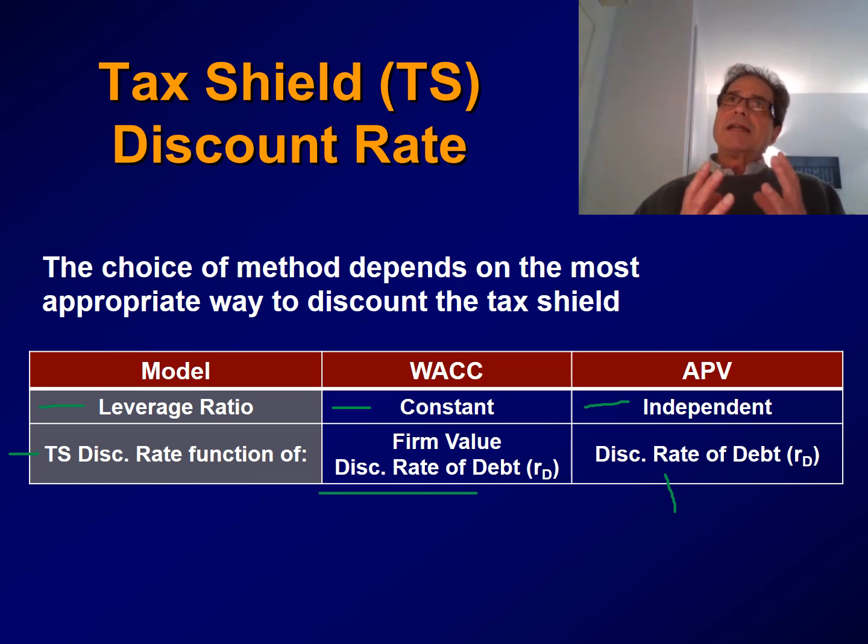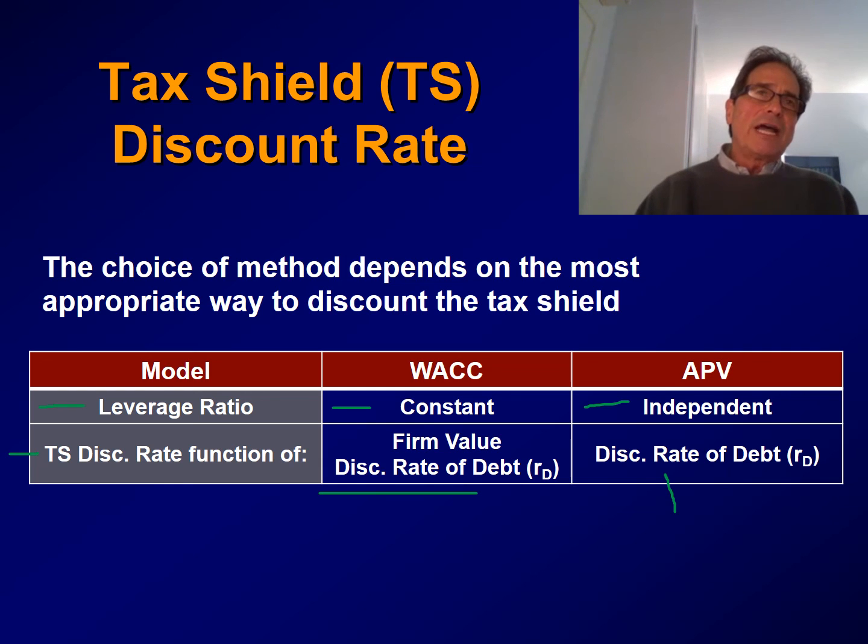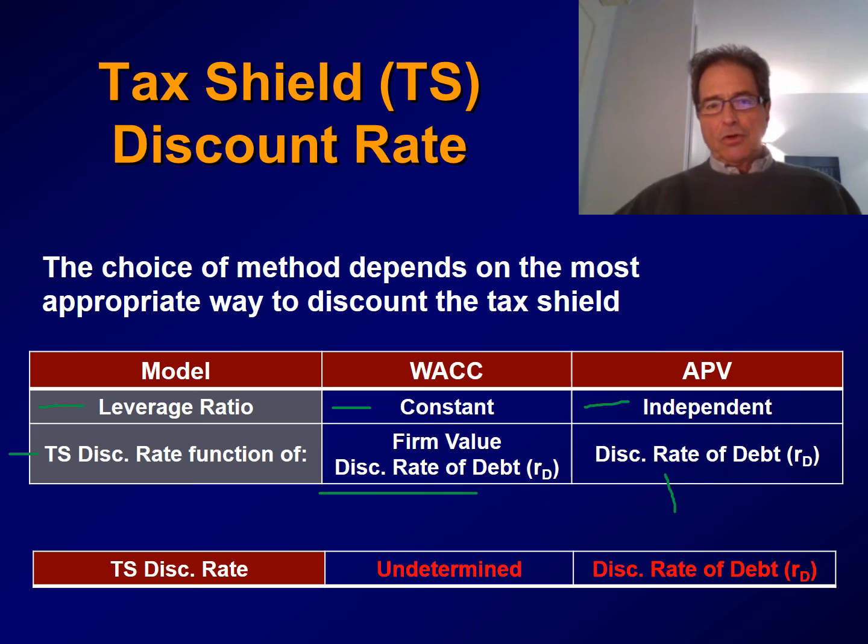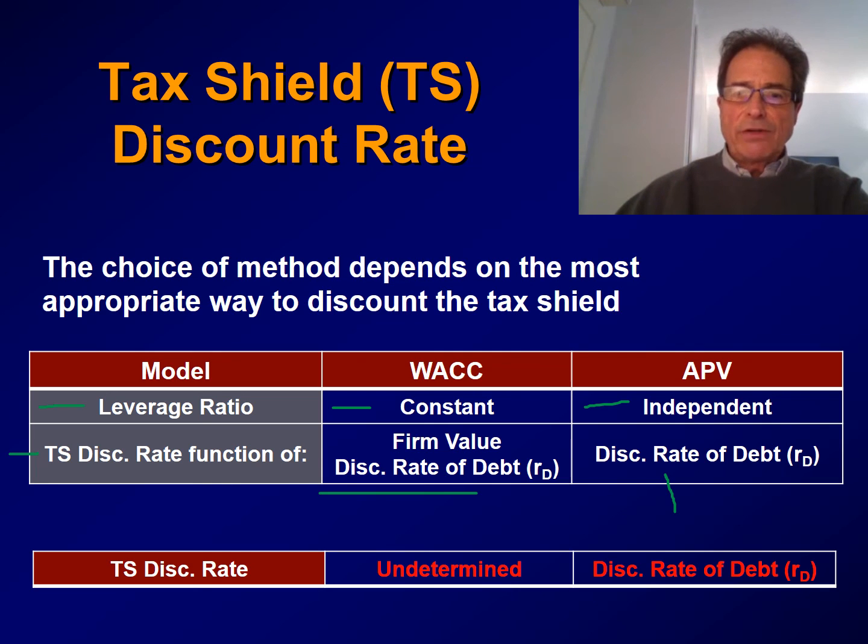So we see then that in this case, the discount rate associated with the tax shield in the case of WACC is not so clearly defined, because on the one hand, it depends on the cost of the debt, and on the other hand, it depends on the value of the firm and rho, the discount rate associated with the value of the firm. So concluding, we know that the discount rate for the tax shield in the case of APV is clearly the discount rate of the debt. In the case of WACC, it is not clearly determined.